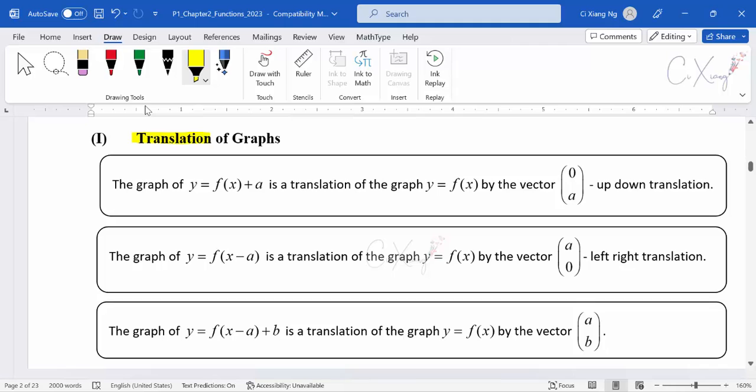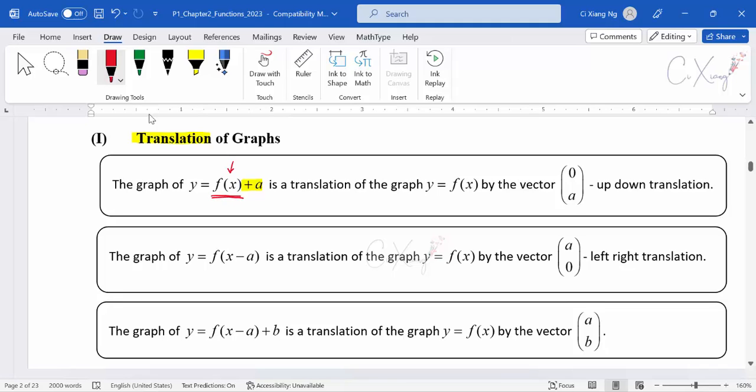For the translation of a graph, basically we need to see in what direction the graph is translated. First, if we are having a plus a outside the basic function, for the f(x) here, I will call it the basic function or the basic curve.